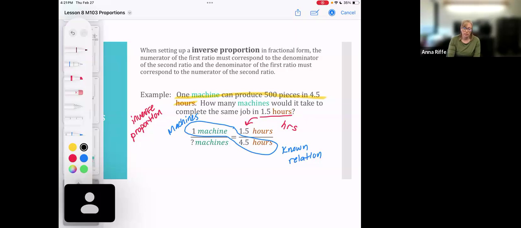So I can find the number of machines by taking that diagonal that has no unknowns, it doesn't have the question mark, and then I can divide by that quantity that is not in the diagonal, 1.5.